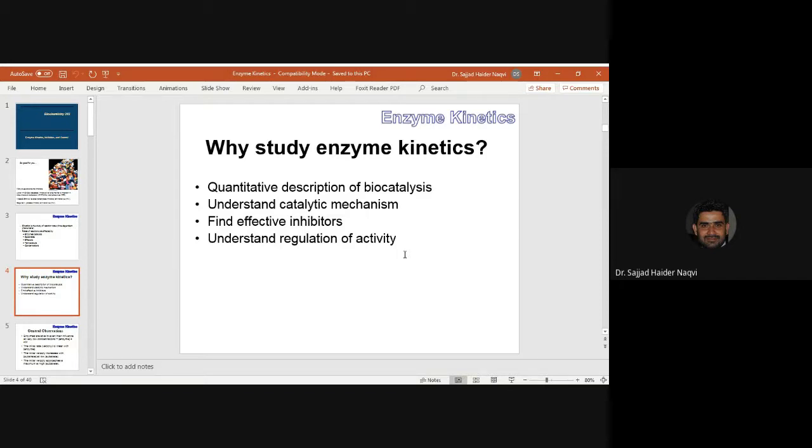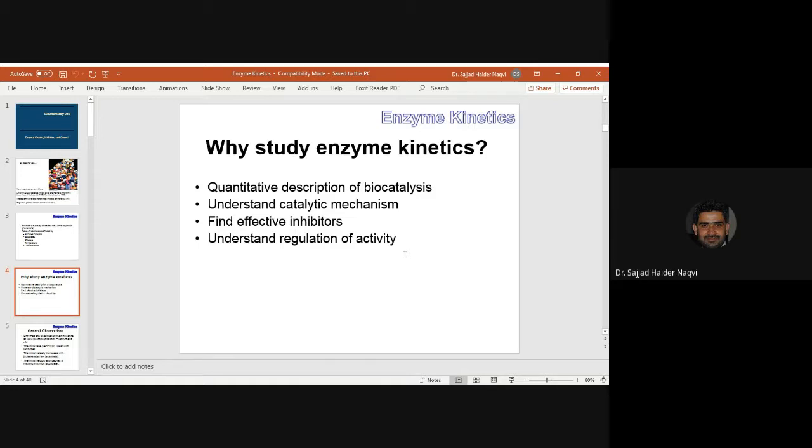For example, in the last lecture, we discussed the lock and key model and the induced fit model, how an intermediate transition state is achieved, and how that intermediate or activated state can be transformed into a final product. So the whole catalytic mechanism will be understood when we study enzyme kinetics.